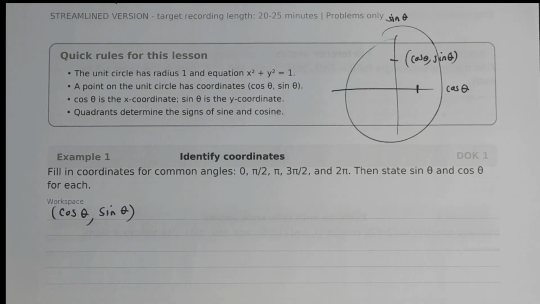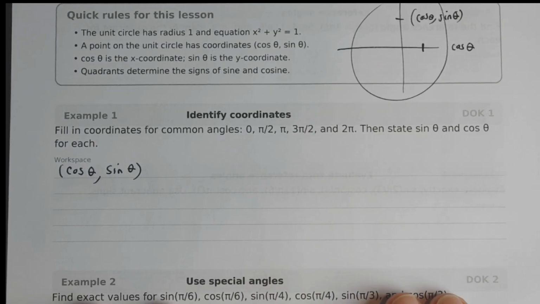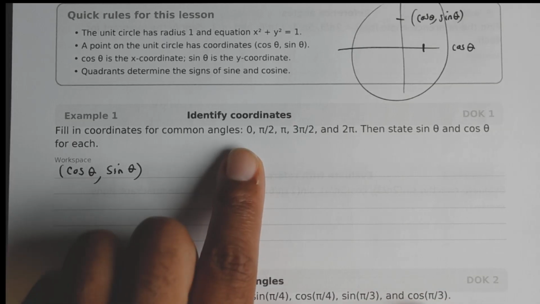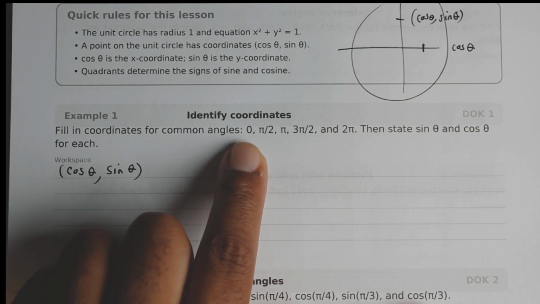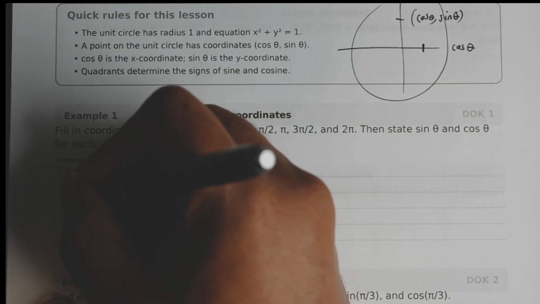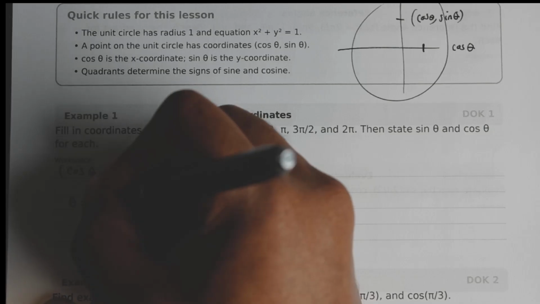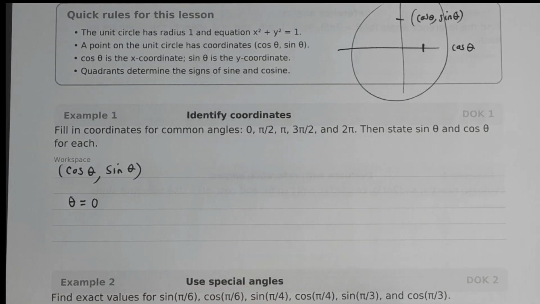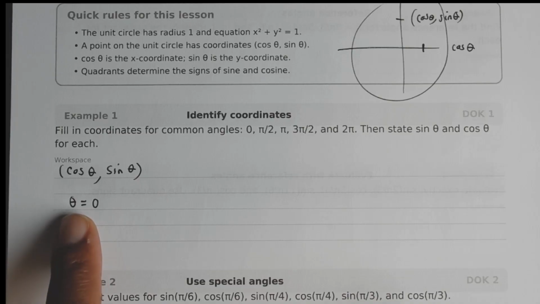Okay. So we're going to start with 0. So theta equals 0. At 0 radians, the point is on the positive x-axis, right? So theta equals 0.